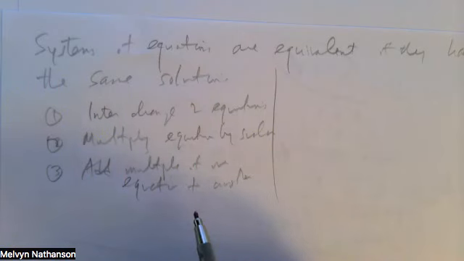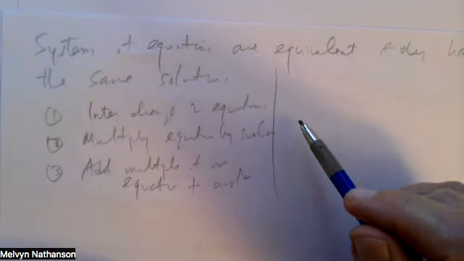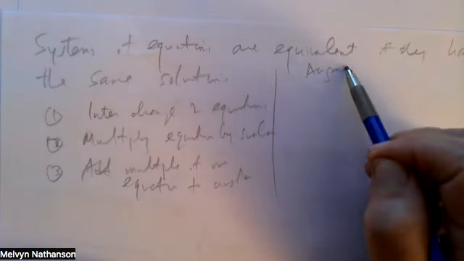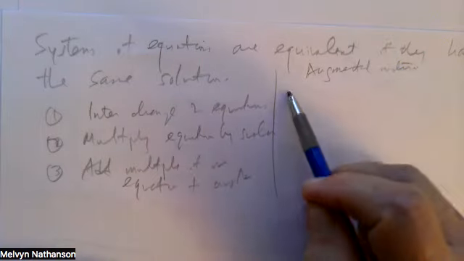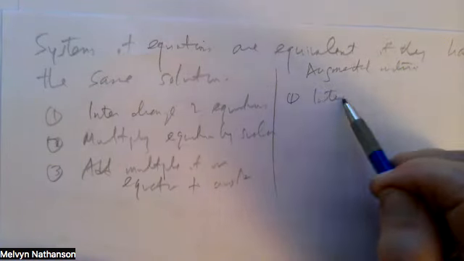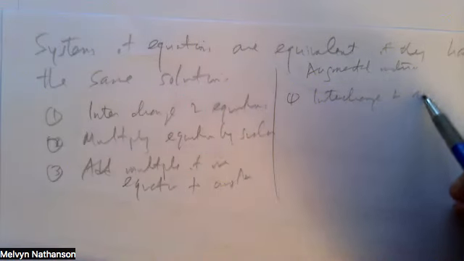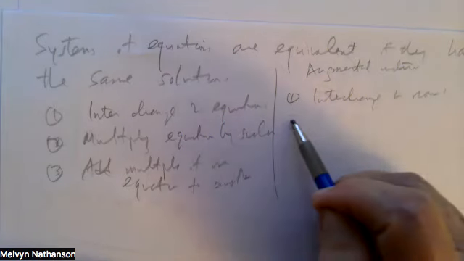If you think about the augmented matrix of a system of equations, what is the equivalent operation for the augmented matrix? Interchanging 2 equations is the same as interchanging 2 rows, because each row corresponds to an equation.